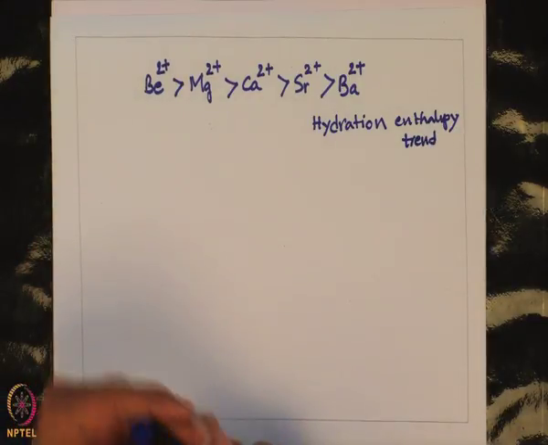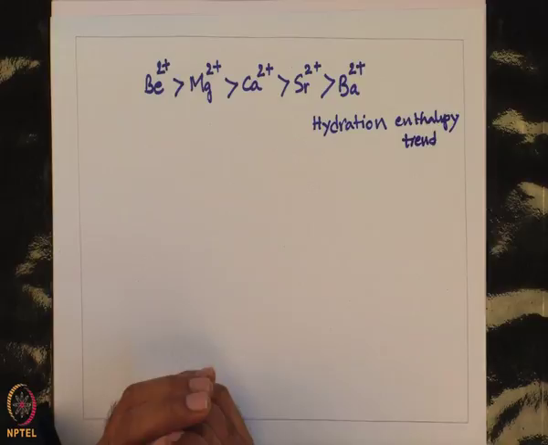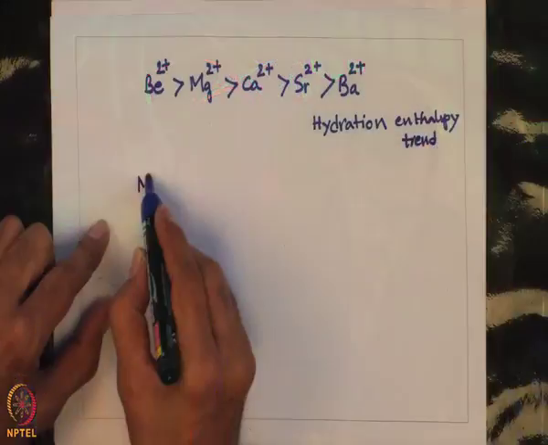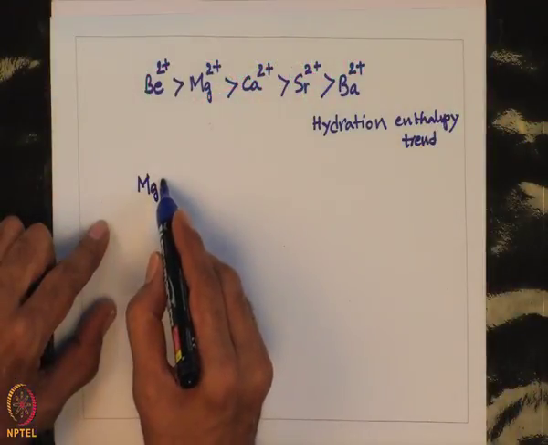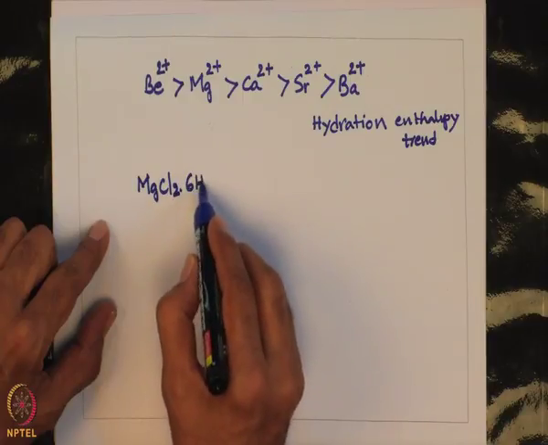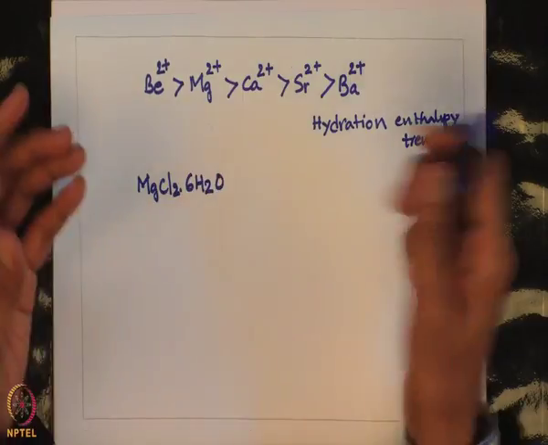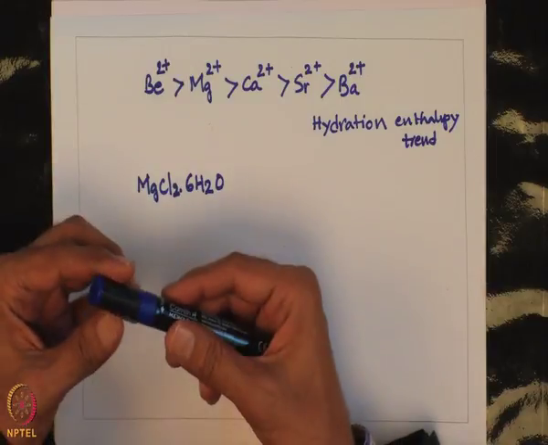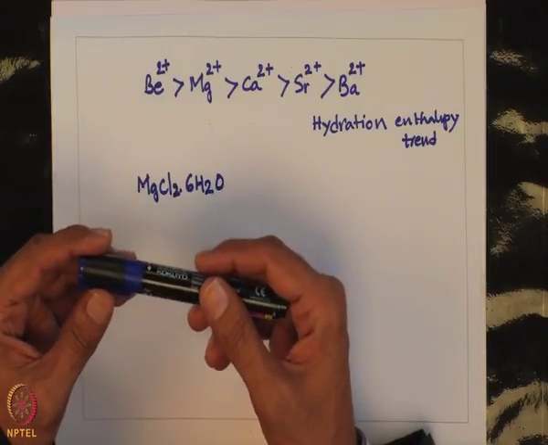Due to the larger charge density, group 2 elements are more extensively hydrated compared to group 1 elements. Example, magnesium chloride. So, alkaline earth metals are more extensively hydrated compared to group 1 elements.